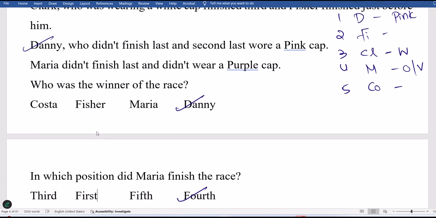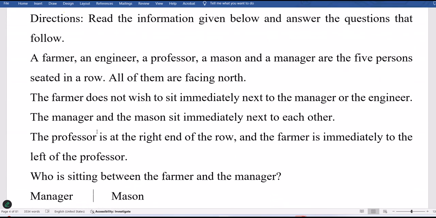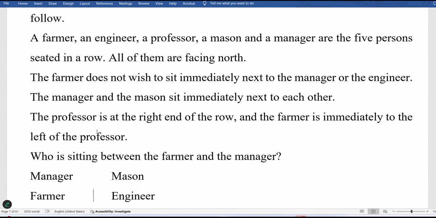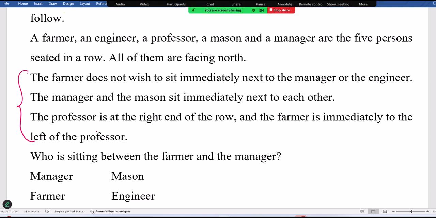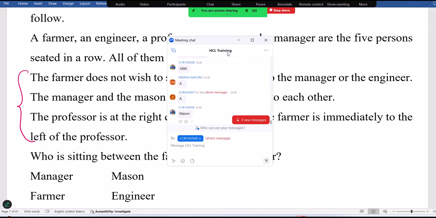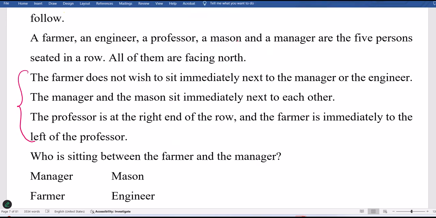And similar questions we discussed. I think the engineer-related, farmer, four people one, I believe people solved this. We have four people seated in a row and we have to arrange them: engineer, professor, mason, and manager. Here, manager and mason sit immediately next to each other.